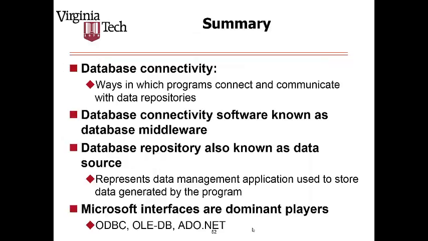Well, today we talked about database connectivity. There's a number of different ways to connect, and it's middleware. It sits in the middle between the application and the DBMS, and it just takes in the SQL statement and then passes that to the DBMS, then takes a result set from the DBMS and packs it back to the client.